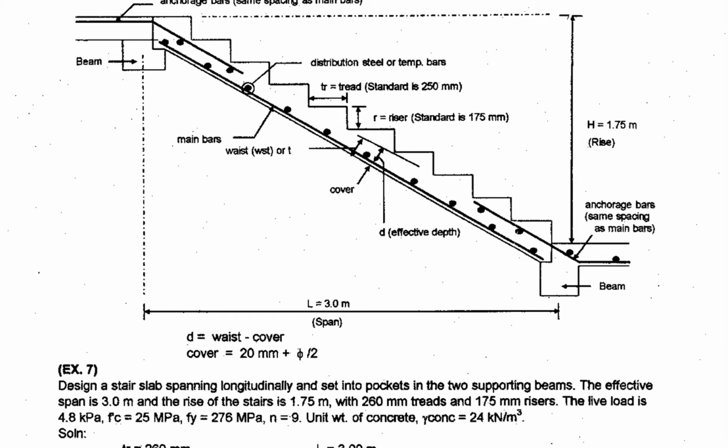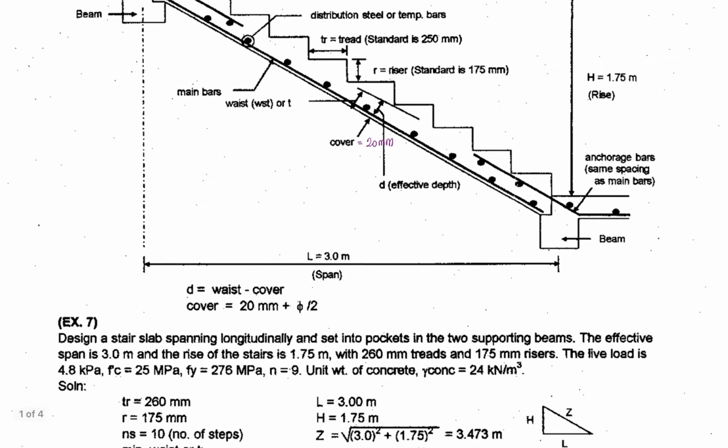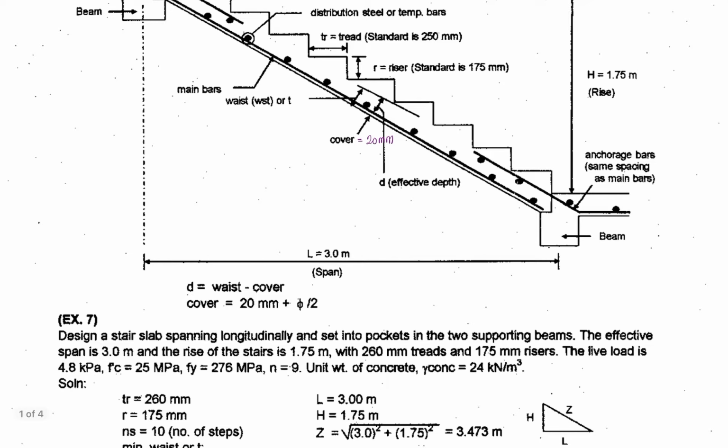Okay, so this is 20 millimeter. So to solve for the cover, you have 20 millimeter plus the diameter of your main bar divided by 2. Okay, so that's the cover.